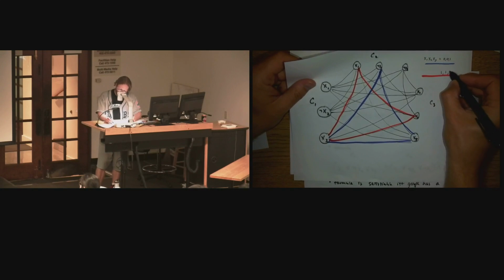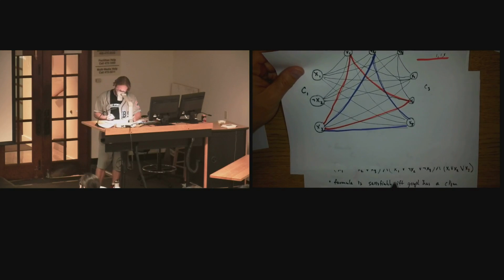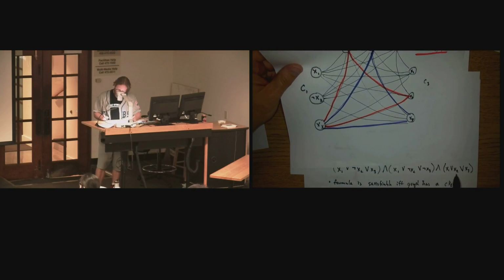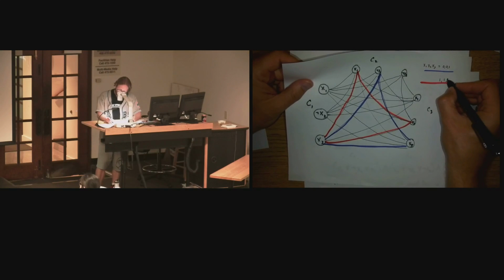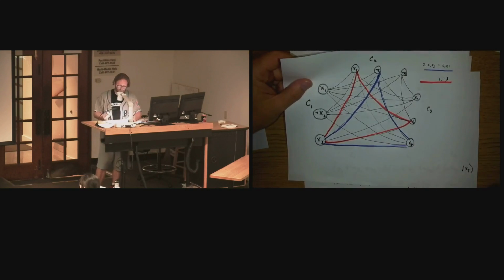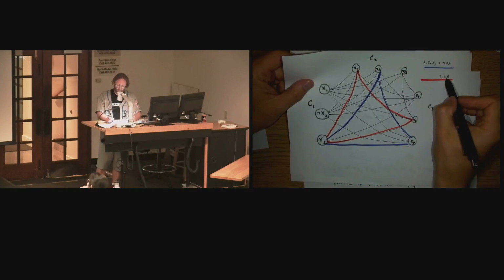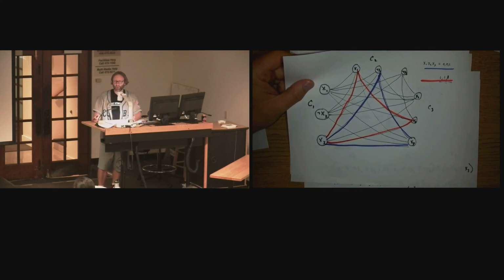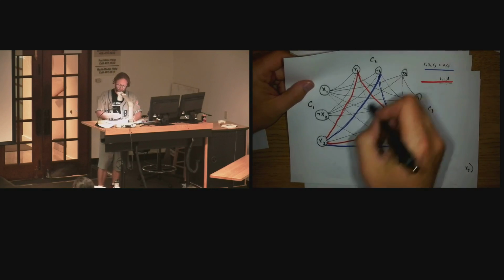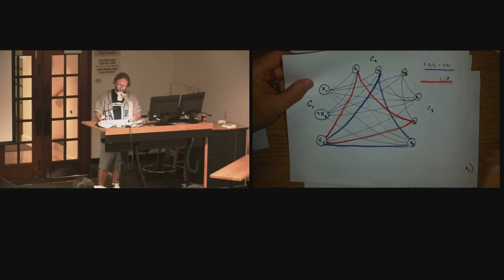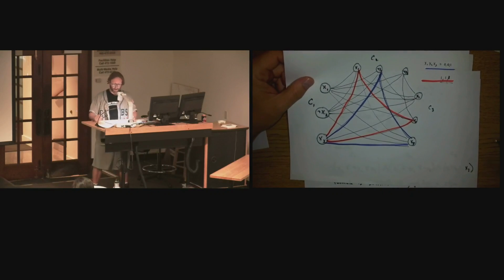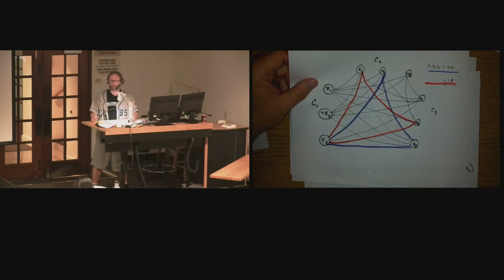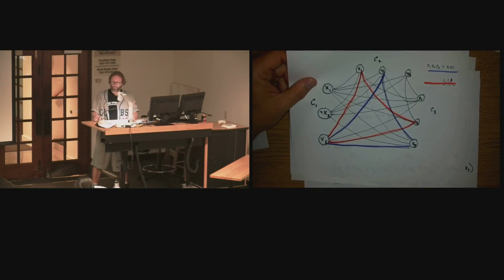So 1, 1. What about this last one? That's one. You said x2. That has to be true. So the red choice that you originally gave me would actually correspond to this assignment instead. This blue assignment is the one that I chose. But every satisfying assignment will correspond to some triangle over here.